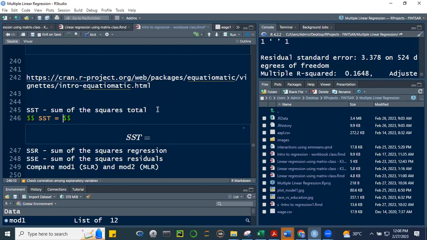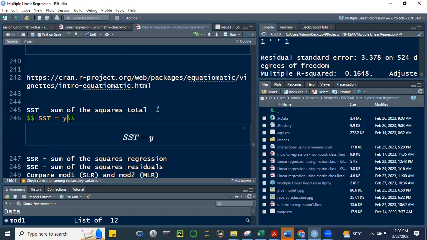the sum of the difference between your y sub i minus y mean, squared.